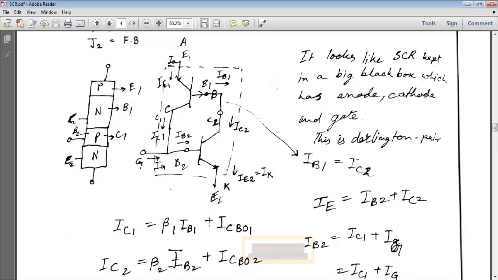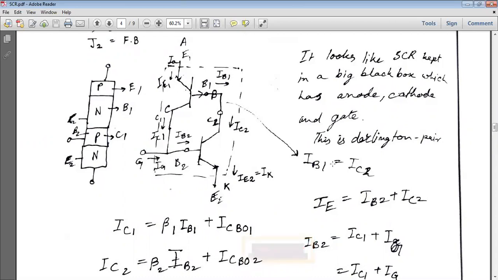Now, we can divide the thyristor into portions. Suppose from the upper side it is PNP, and from the bottom side it is NPN. So the thyristor can be assumed as the combination of two transistors. So this is the combination, and we can connect in this way.